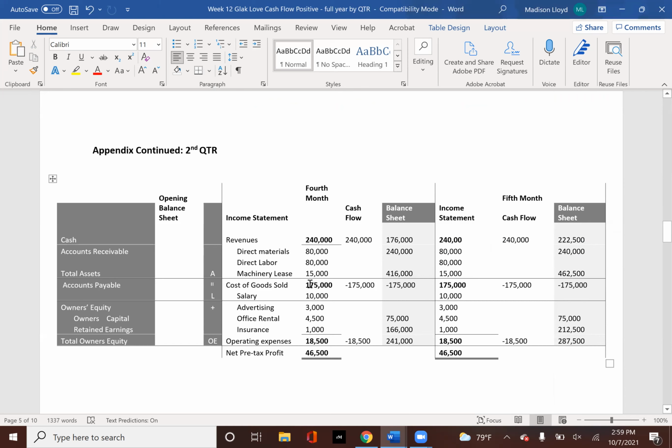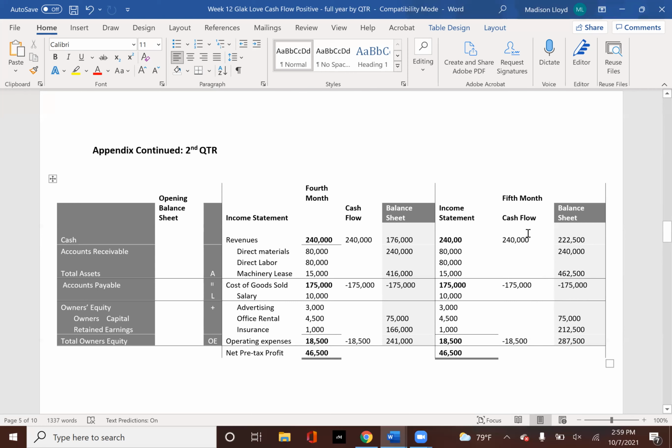We're paying off this value now in the fifth month. $416,000 minus $175,000 minus our operating expenses, $18,500, you come out with an available cash balance of $222,500.